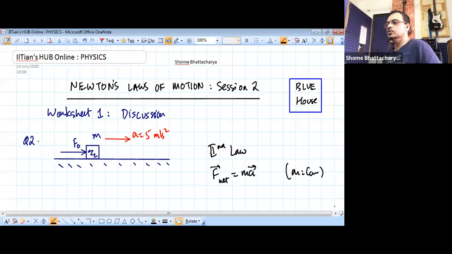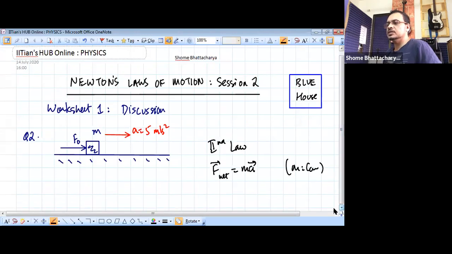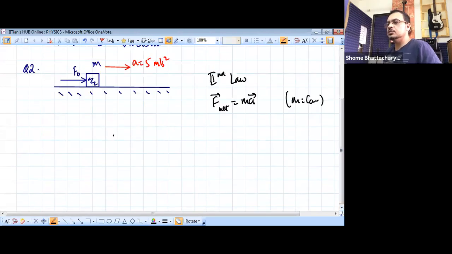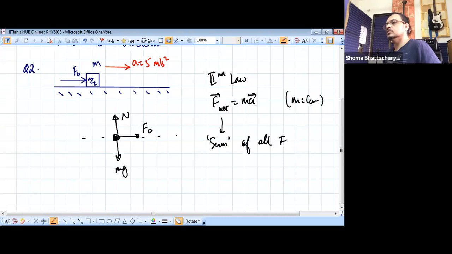When you look at all the forces acting on the body, you realize that F naught is not the only force acting. There is weight acting vertically downwards, and the normal contact force that the floor is applying; these two forces cancel each other. So there's a combination of three forces acting. F net is the vector sum of all forces, which I'm showing in this diagram.